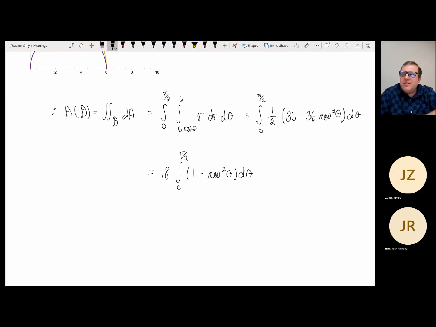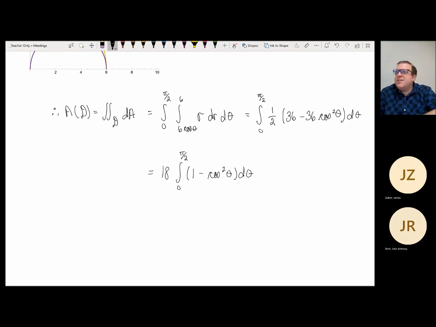There are 2 ways to proceed. They would both give you the same integrand. You could rewrite 1 minus cosine squared as sine squared, and then use the reduction identity on sine squared to get 1/2 minus 1/2 cosine of 2 theta.